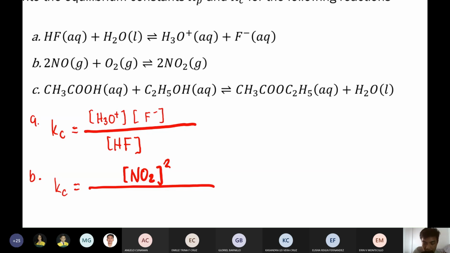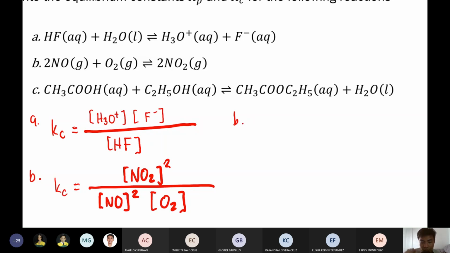So, let's have here NO squared times oxygen gas. Ayan, tapos na. Yun na yung Kc for letter B. Again, product over reactant, yung coefficients gagawing exponent.